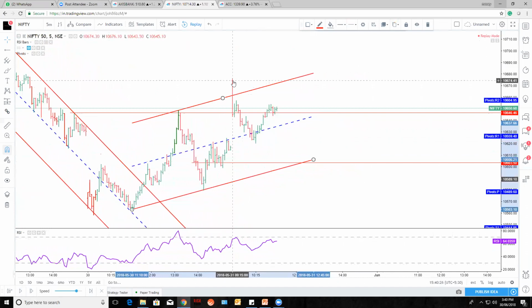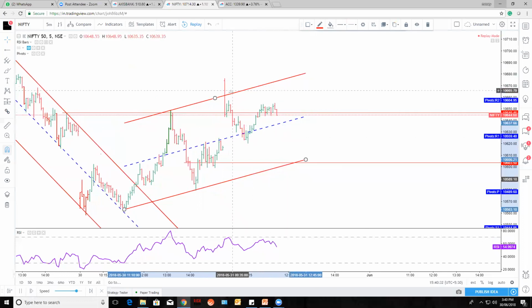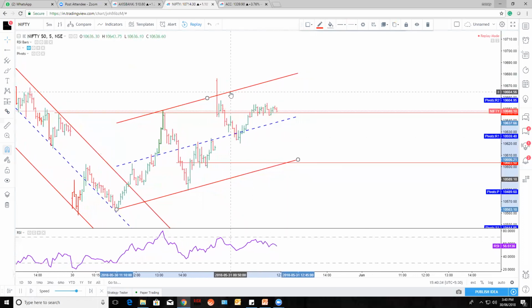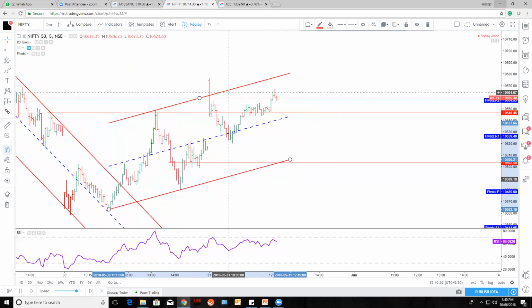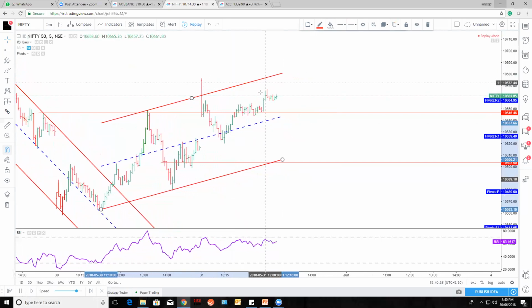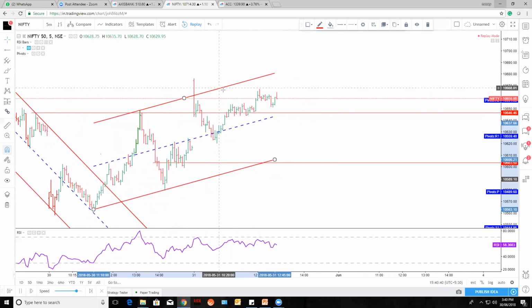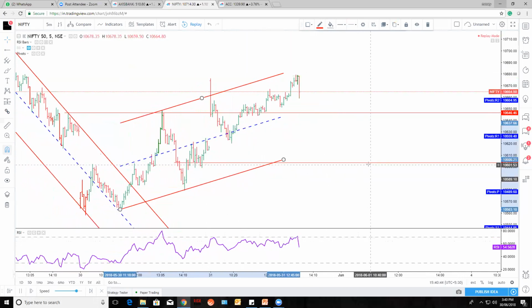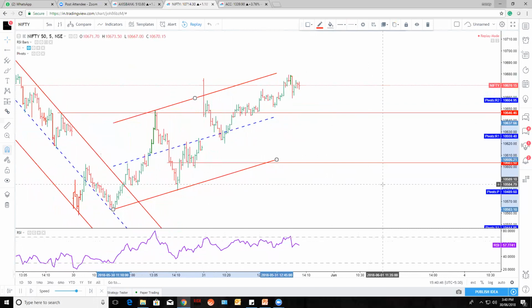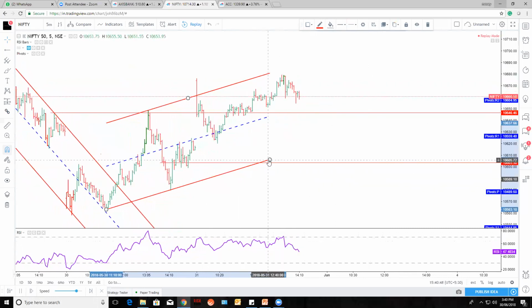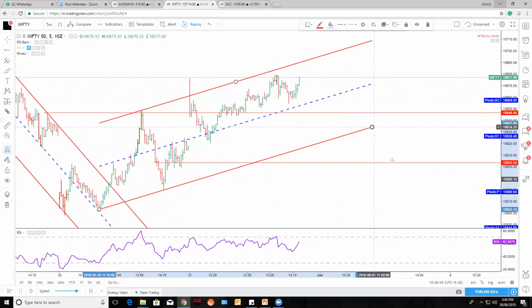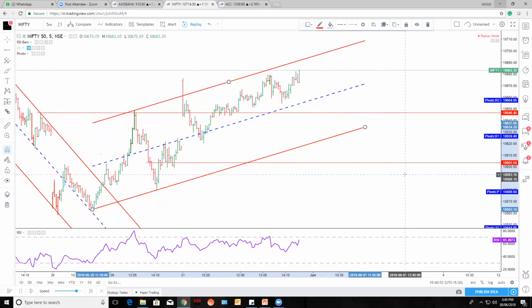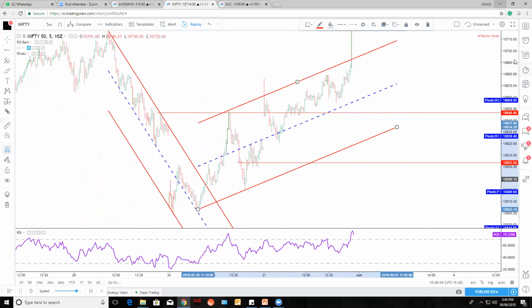It opened high, but still managed to close below the channel. It doesn't last long, sorry guys, it doesn't last long above the channel and below the channel. Okay, it has to come down or it has to go up whenever there is a low price, from channel bottom to channel top and channel top to channel bottom. It will go.